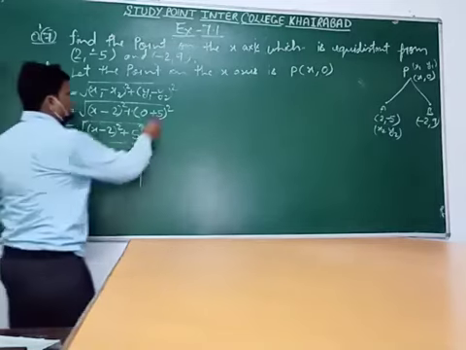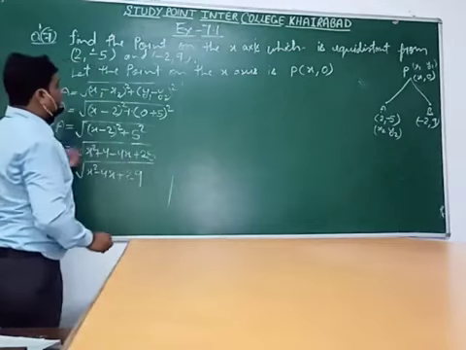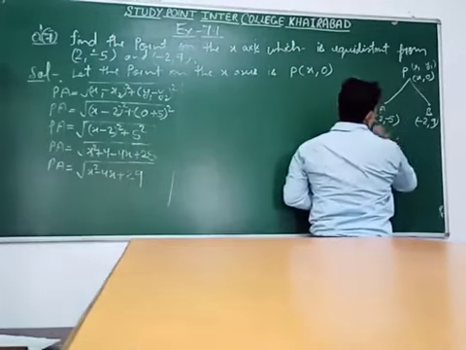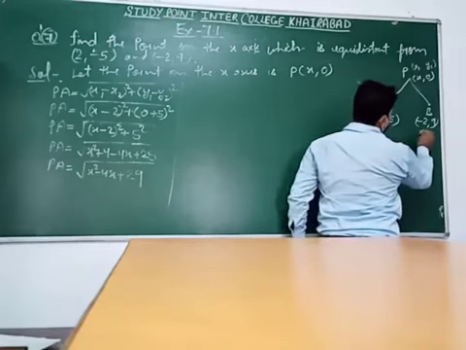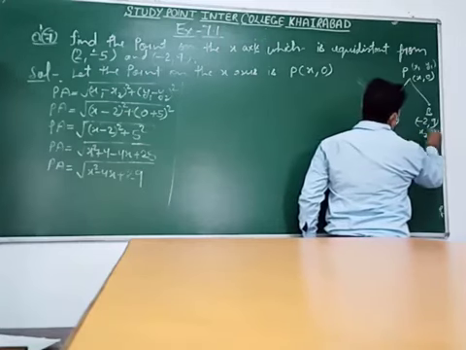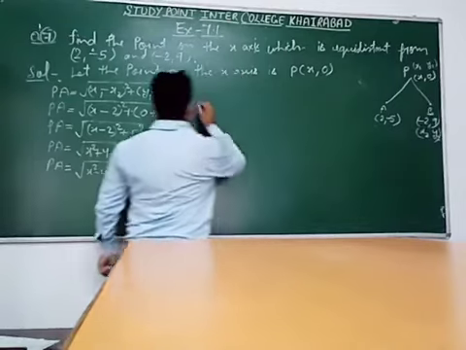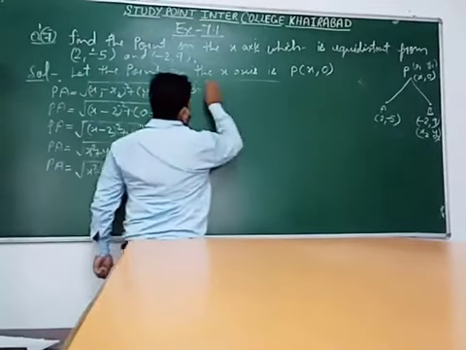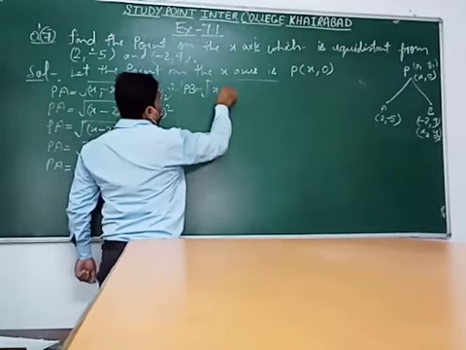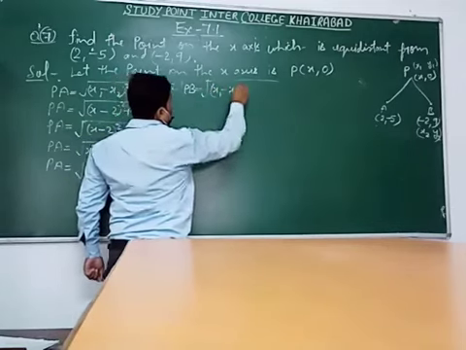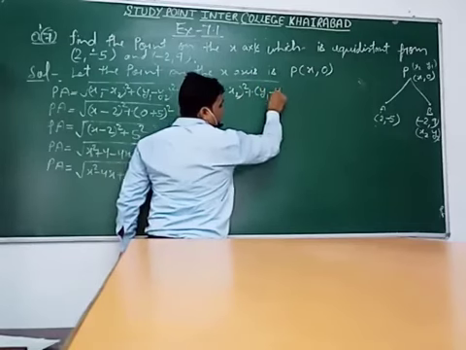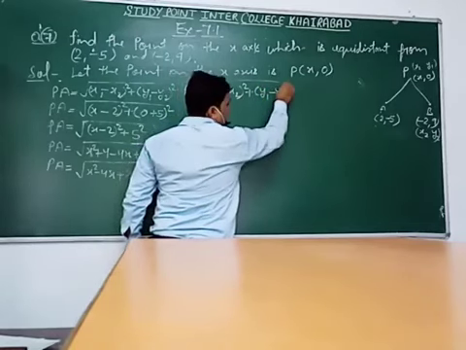Now find PB. Now this is x1, y1 and mark this as x2, y2. PB equals under root (x1 minus x2) whole square plus (y1 minus y2) whole square.